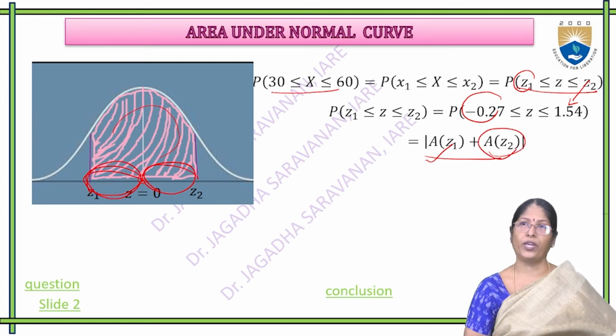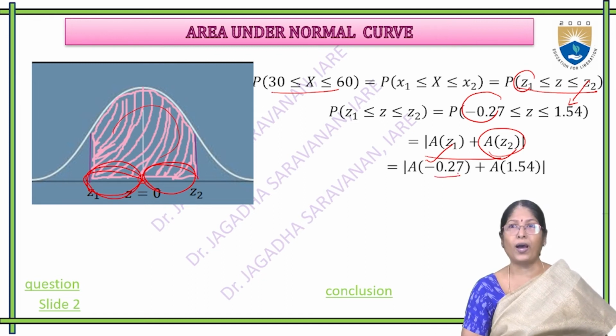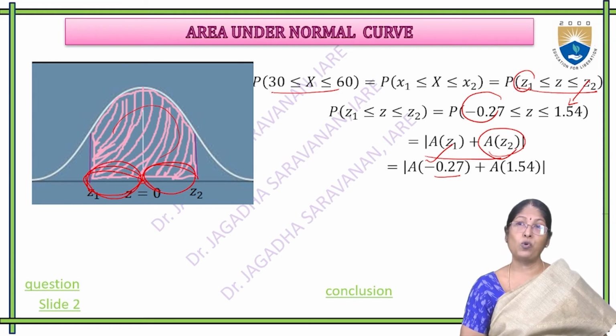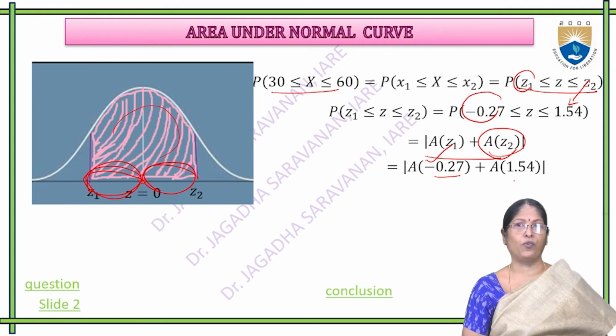So we can easily calculate z1, which is replaced by our calculated point using the change of scale, x1 minus mu by sigma, that is minus 0.27. Here the change of scale, x2 minus mu by sigma, gives 1.54.